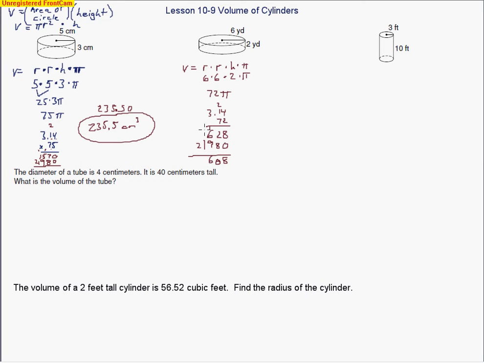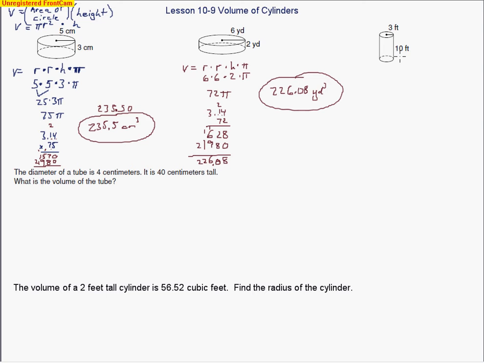And carry another one, that makes 22, or 2, and then another 2. So we go ahead and move that decimal over 2 spaces because there's 2 numbers after the decimal point. So there's our answer, 226 and 8 hundredths, and this is yards this time, yards to the 3rd power.